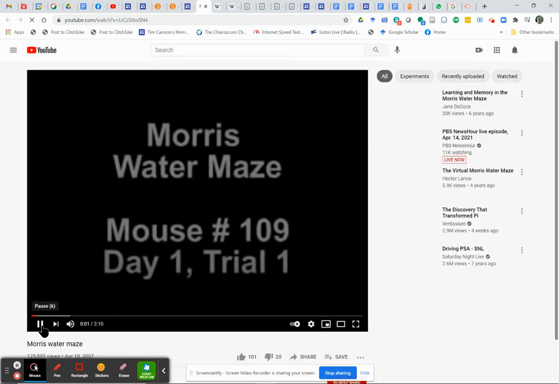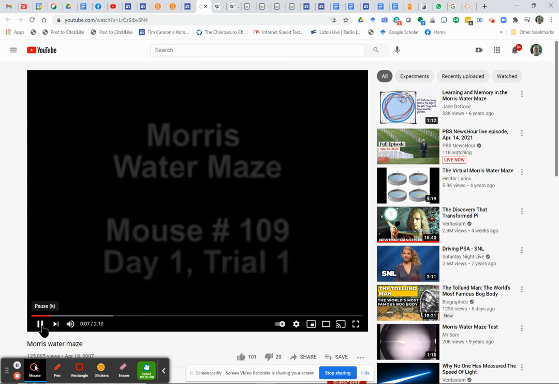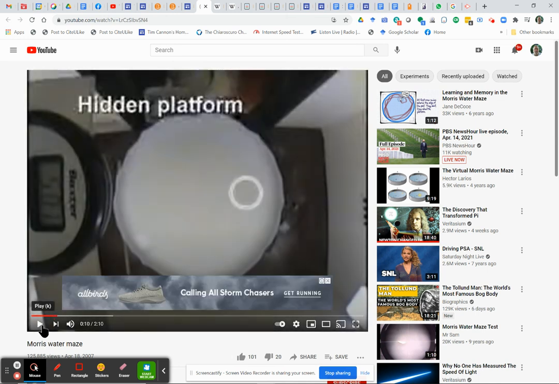Here's a situation. So there's the water maze. The water is non-toxic white latex paint. And the circle indicates where the slightly hidden platform is. It's a centimeter or less below the water. And so there's the enclosure, and the investigator is going to walk in.